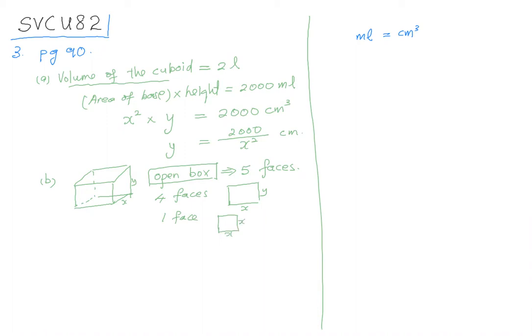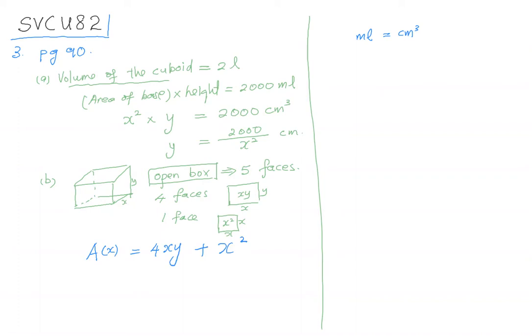So you want to find the area. This is X times Y, correct? And this is X squared. Am I right? So from there, I get my A of X is 4 times XY plus X squared.